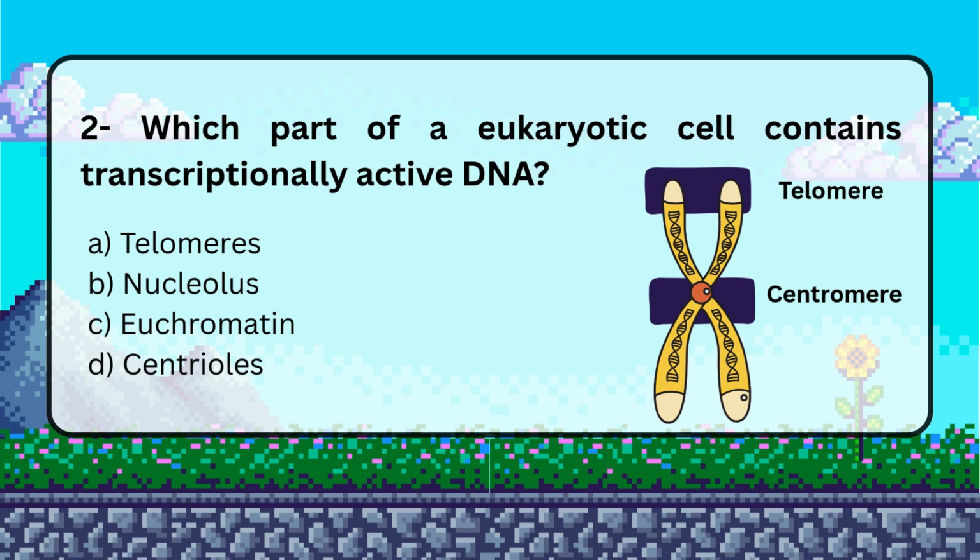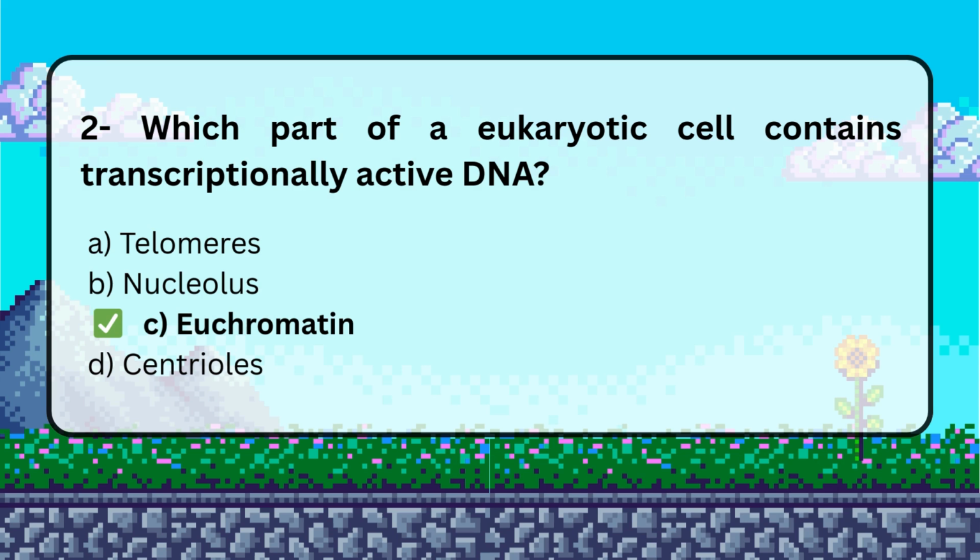Centriole is something that is present in animal cells but not actually related to transcriptional activation of DNA. So the right answer is euchromatin. Euchromatin is loosely packed chromatin that is actively being transcribed into RNA. Telomeres are protective caps, not transcription sites.